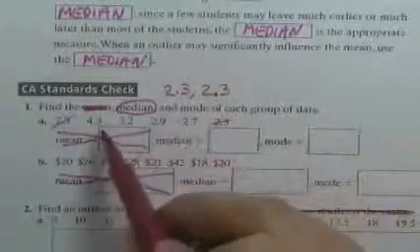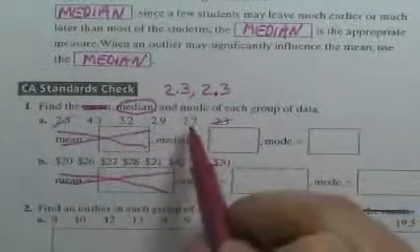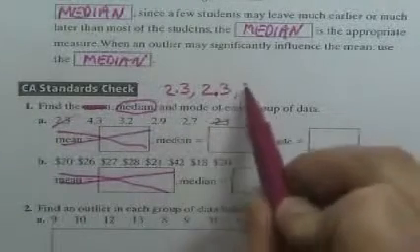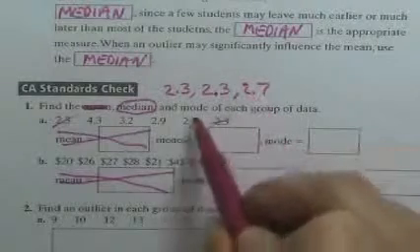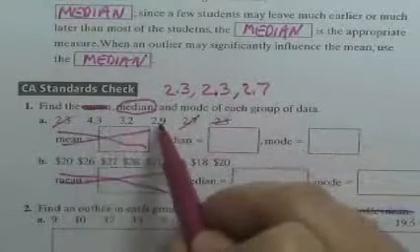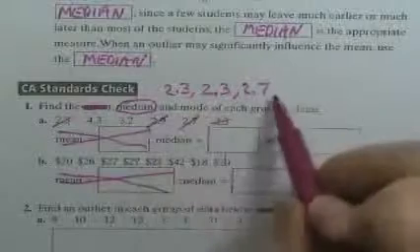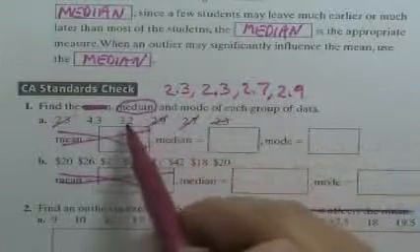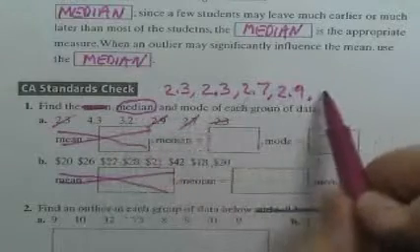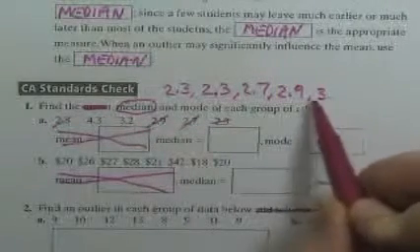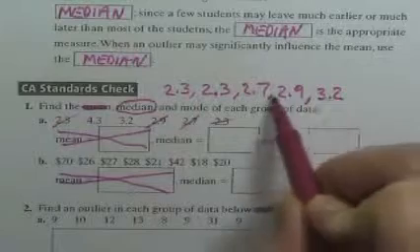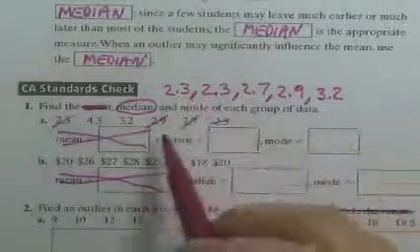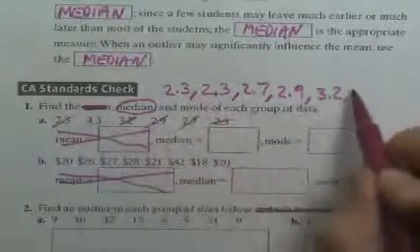Then we have 2.7, the next one would be 2.9, and then 3.2, and then we have 4.3.